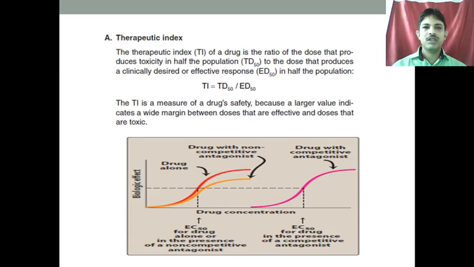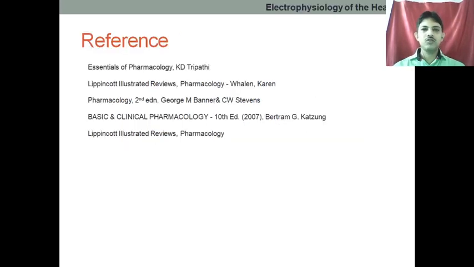The therapeutic index is given by the equation TD50 divided by ED50. These are some key aspects of the consequences of drug receptor interaction. These are the references; you can go through them for detail.